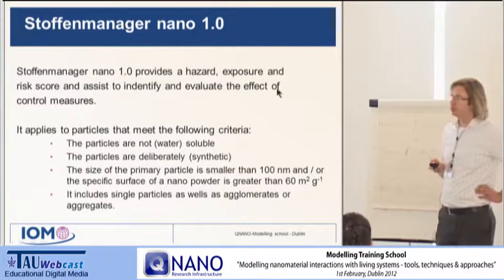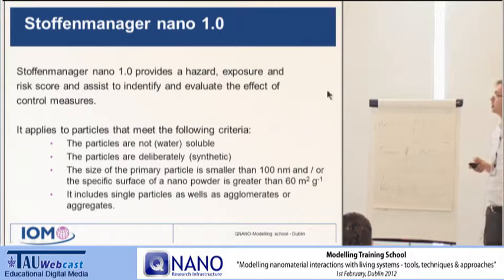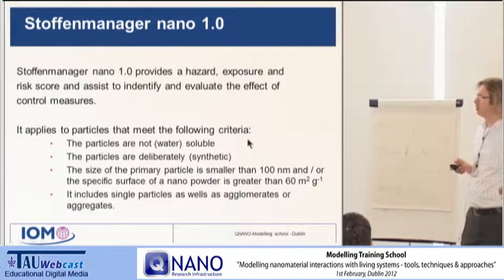It provides a simple score of hazard, exposure, and risk, and then allows you to decide what are appropriate control measures. There are a few criteria that you need to consider for when it's applicable or not.